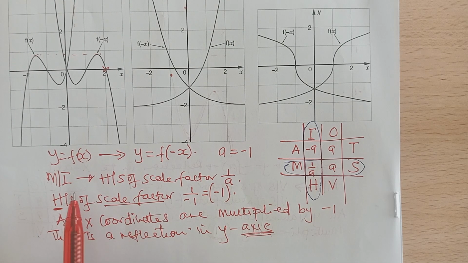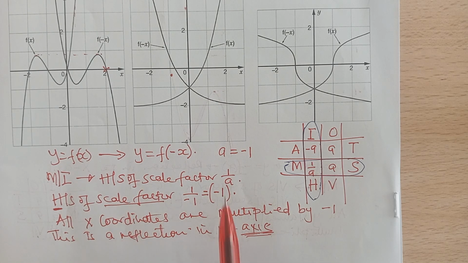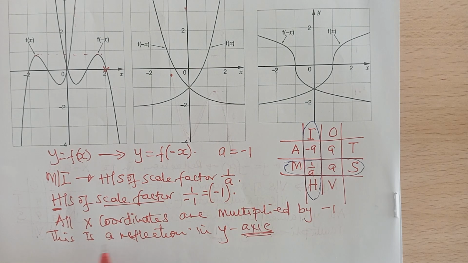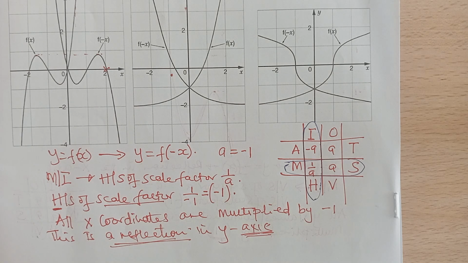So multiplication inside talks about a horizontal stretch of scale factor 1 over a, and when a is -1, this now qualifies to be a reflection. When a is something else apart from -1, we will continue to see what happens in such a case.